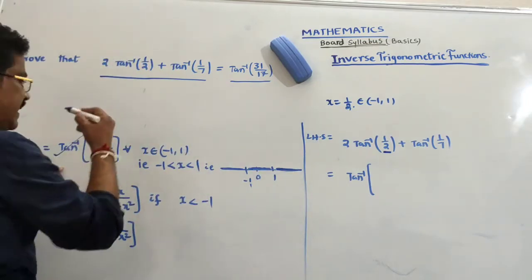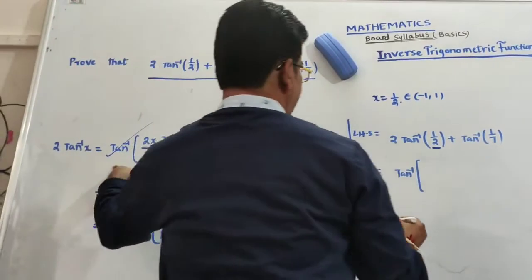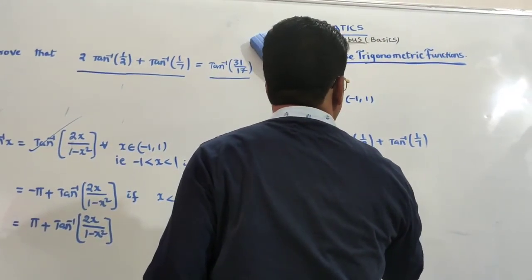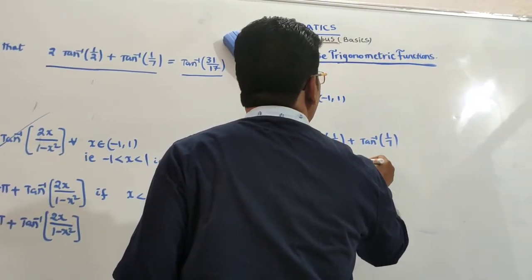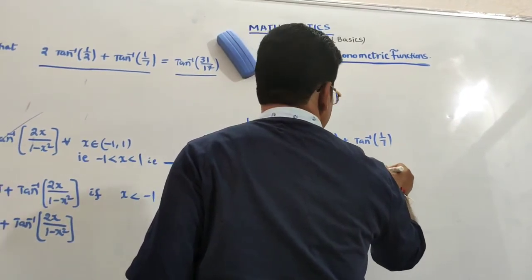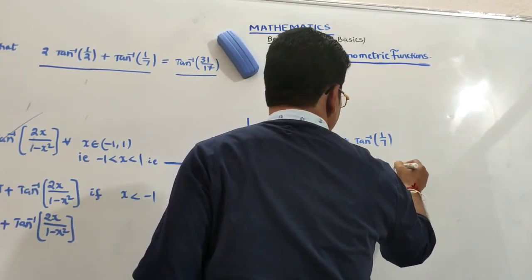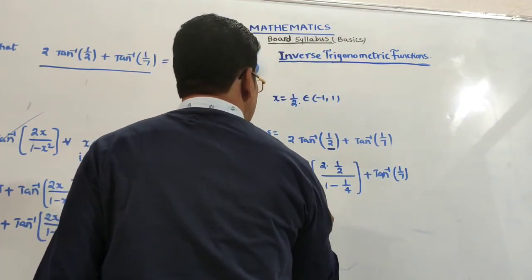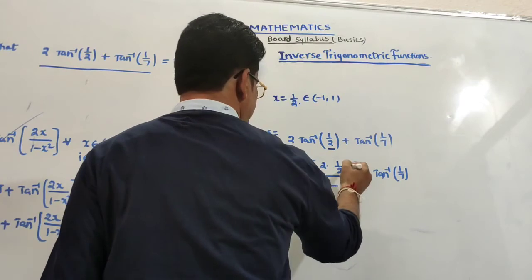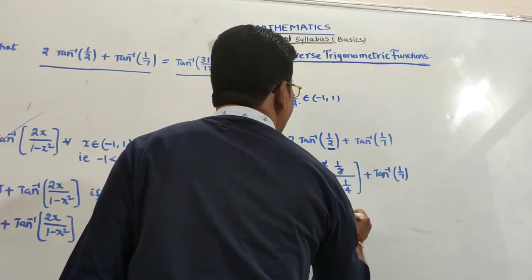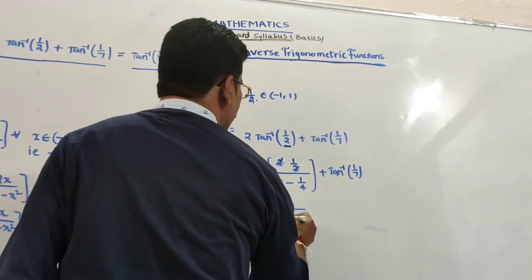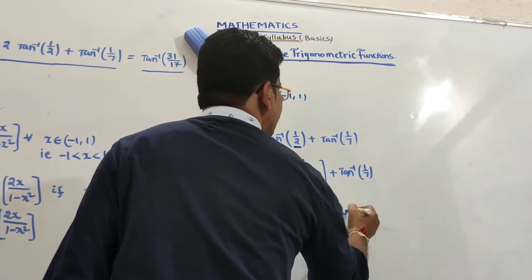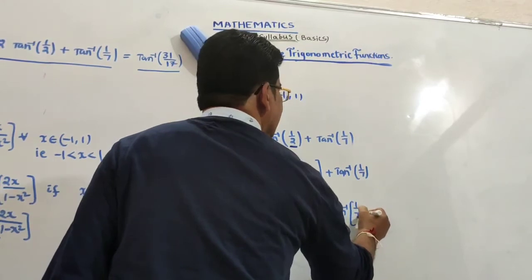That's why we are using this direct formula, tan inverse of 2x by 1 minus x square, which gives 1 by 4 plus tan inverse of 1 by 7. So that equals tan inverse of, 2 to cancel, 1 divided by 4, 3 by 4, means 4 by 3, plus tan inverse of 1 by 7.